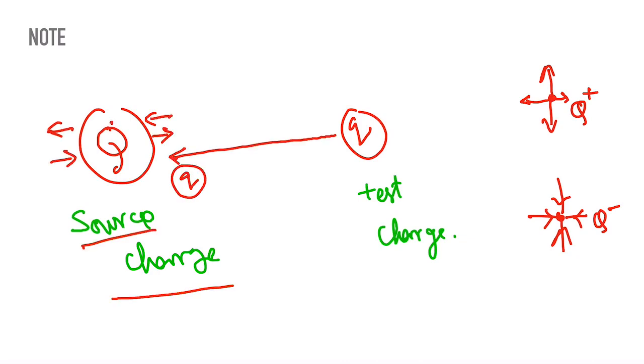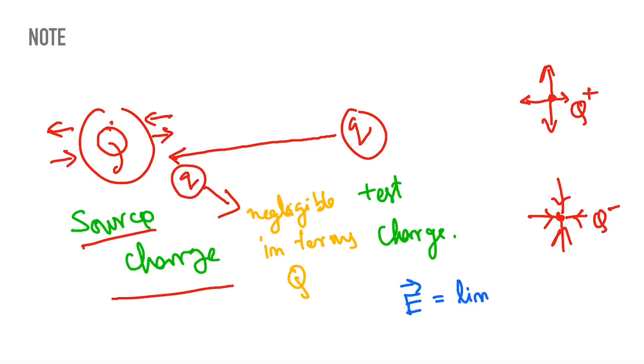For the charge capital Q to be a source charge, it should always remain in its position. So to remove that difficulty, we assume that the charge small q is negligible compared to capital Q. Therefore we can give the electric field E with this expression, when the limit of small q tends to 0, force F by q.